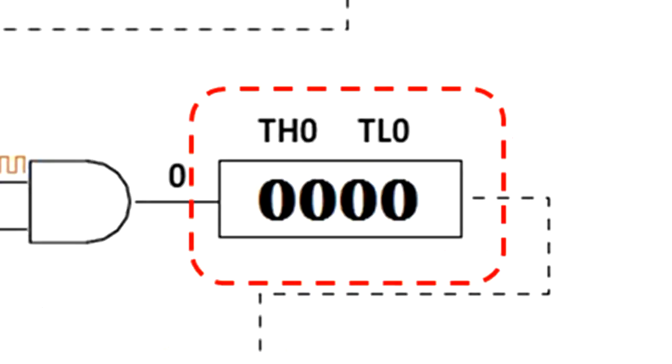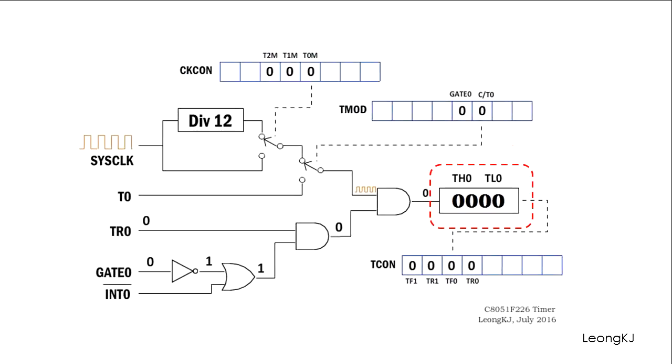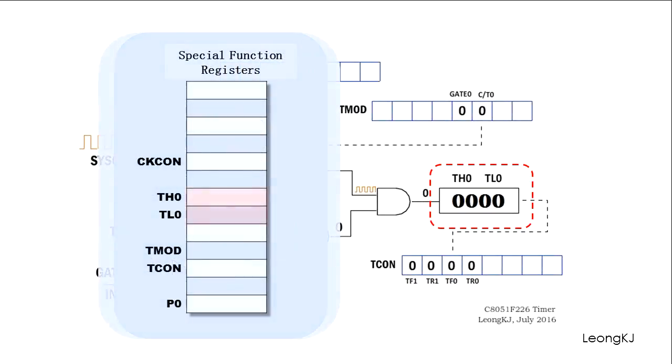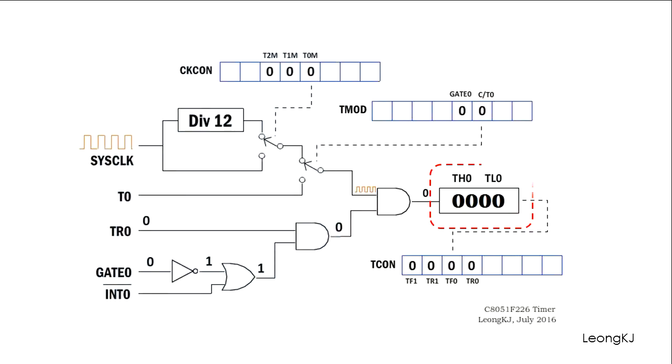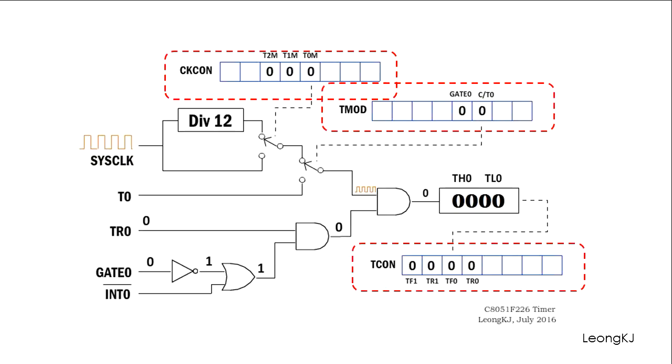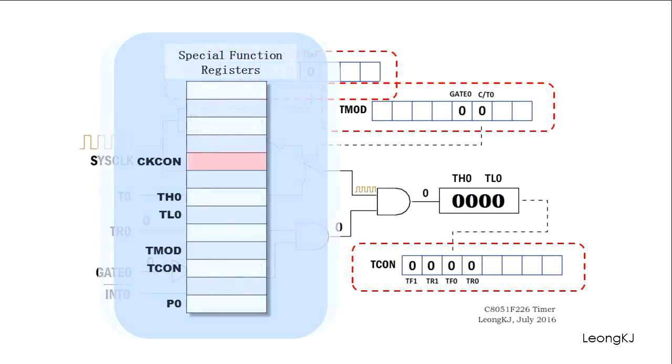This counter is made up of two registers, TH0 and TL0. TH0 and TL0 are 8-bit registers classified under the special function registers. These registers are used to control and monitor the timer operation. They are all classified under the special function registers.